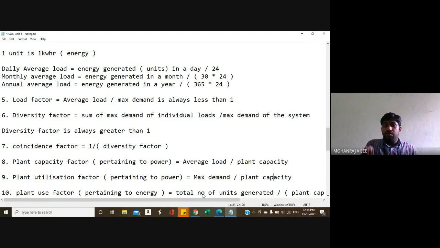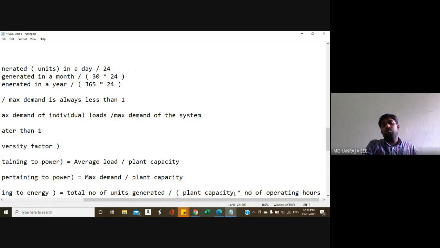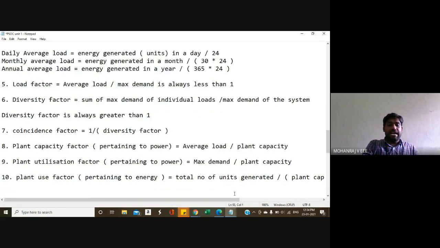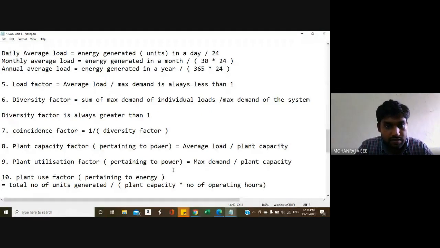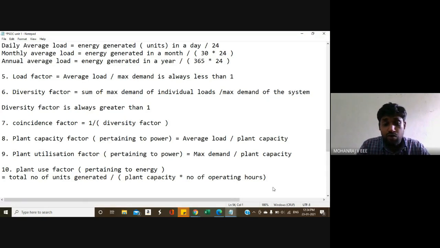So it is equal to the total number of units generated, units being the unit for electrical energy, divided by plant capacity into number of operating hours of the plant. Hope you understand.